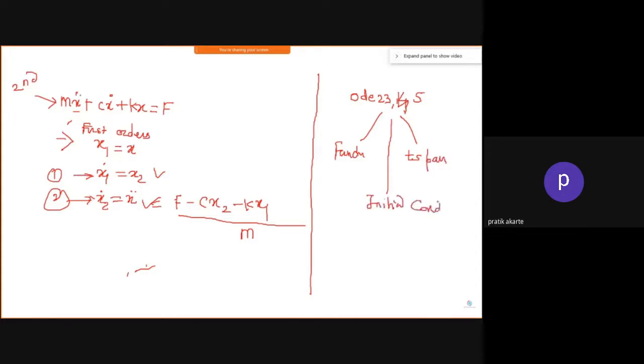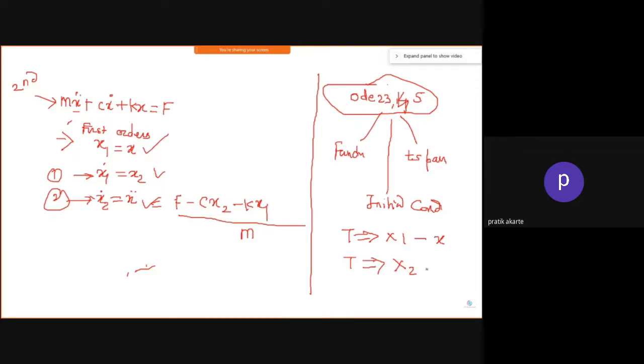If I supply all this, the ODE solver function gives me output in two parts: t versus x1, which is one plot, and t versus x2. The x1 is nothing but my x, where I started at this location, and x2 is the velocity.